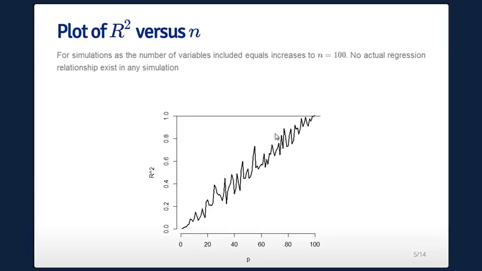That's why it's all kind of bouncy like this. So no actual regression relationship exists in any simulation, right? I'm just putting random noise into a regressor and into a response, and you see as you get up toward 100, you're guaranteed to get 100% of the variation explained in the y's.